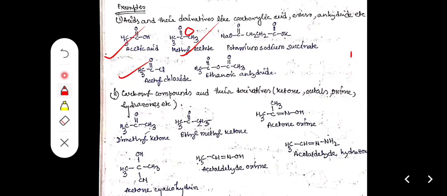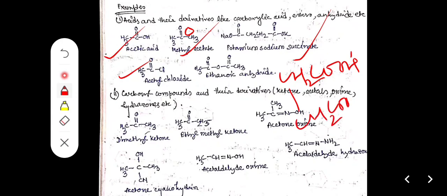CH3COOCOCH3. We can say this is ethanoic anhydride. Then potassium sodium succinate. Why? This is all about CH2; this is also CH2.